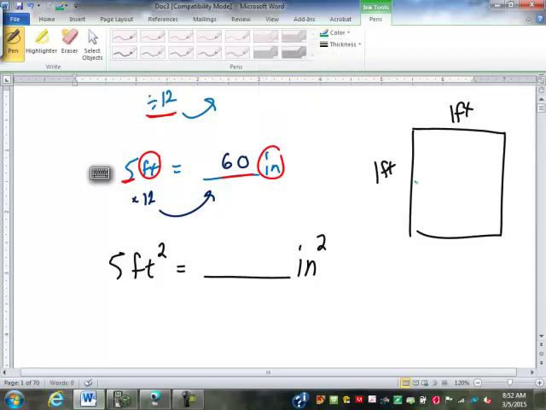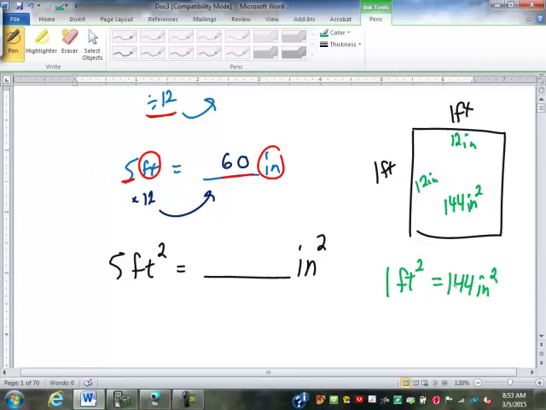A foot, though, is 12 inches. So this is 12 inches by 12 inches, which means it's 12 times 12, or 144 square inches, or inches squared. So 1 square foot doesn't equal 12, it equals 144 square inches.